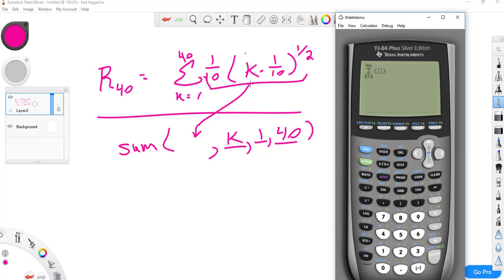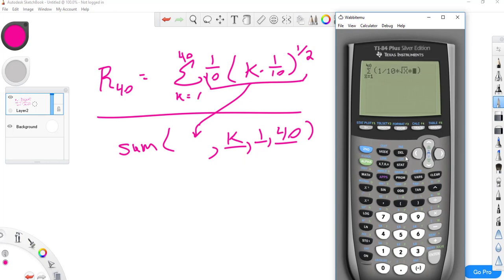And then in here, I need to type all of this in. So I need 1 divided by 10 times. Now remember, this is the same thing as writing the square root, so if you'd like to, you can put the square root button. And we're going to have x times 1/10. Wait, no, I wanted that under there.